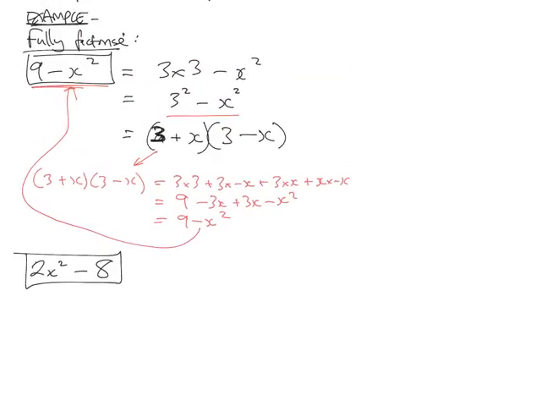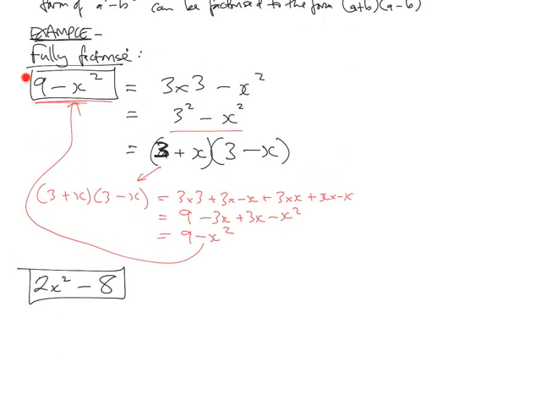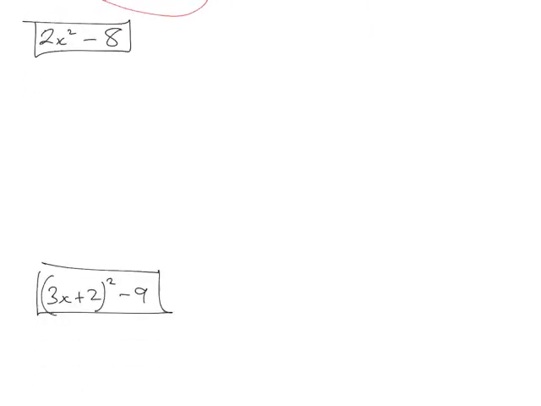So last time I brought 9 down to 3 squared. Sometimes you're not going to be able to do that straight away because there is nothing squared that will give you 2x squared. So you might actually have to use some of your factorization from the previous exercise. That's what school is about, that's what learning is about.